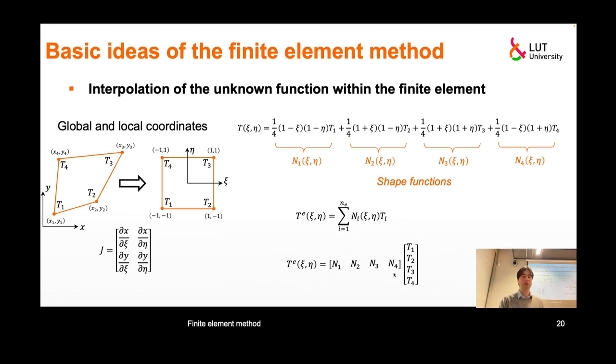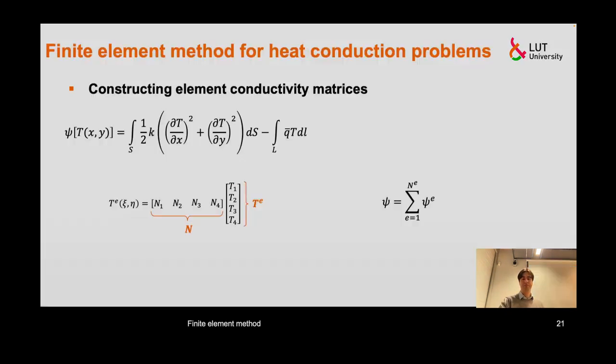It's a shape functions matrix. And then I multiply it by this column of nodal values of temperature. So this is exactly the same, just matrix notation that is convenient in finite elements. Okay. So far clear?